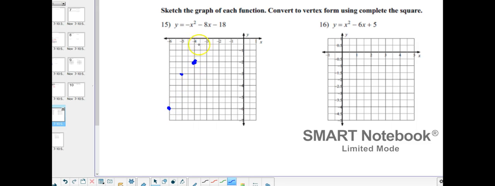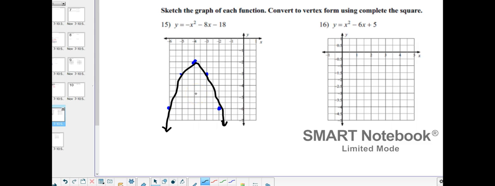I also had a point at -3, -3. And at -2, -6. So we can see this graph looks like this. The graph of this quadratic. We knew it was going down because it had the minus sign out in front. But now we have some viable points.